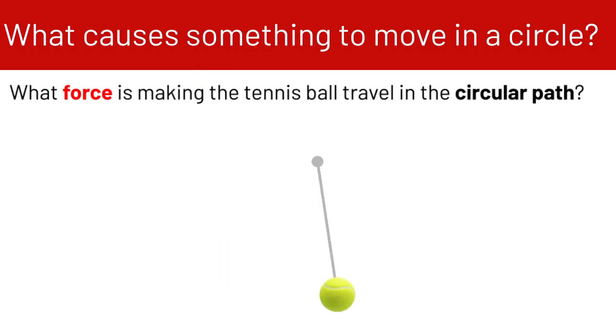So in this case, it's tension that's causing the ball to travel in the circular path. But we call the tension in this case a centripetal force, because anything that's causing circular motion is called a centripetal force, and that force can be lots of different things. In this case, it's tension on the ball.